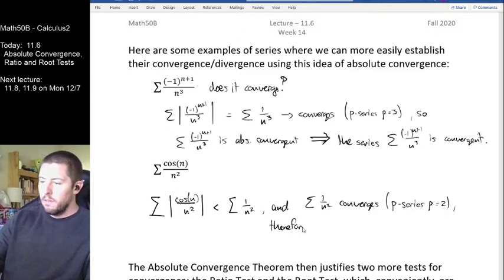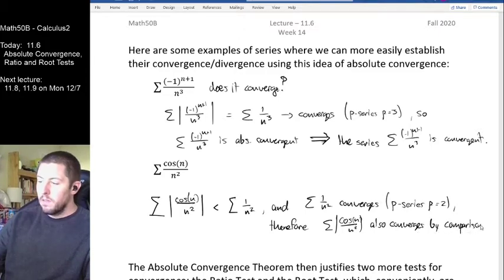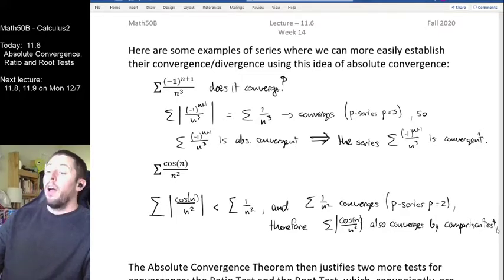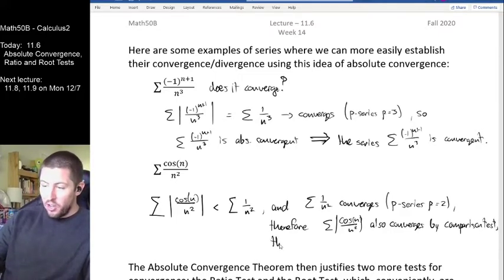Therefore, the sum of the absolute value of cosine n over n squared also converges by the comparison test. Therefore, we're going to get a string of therefores here.